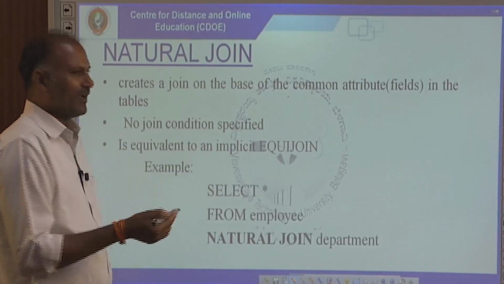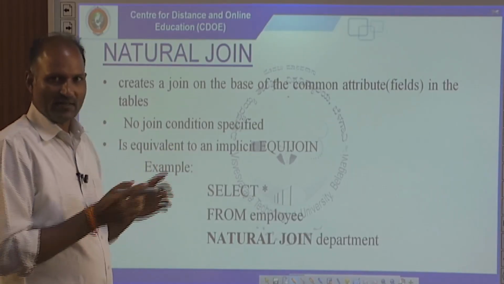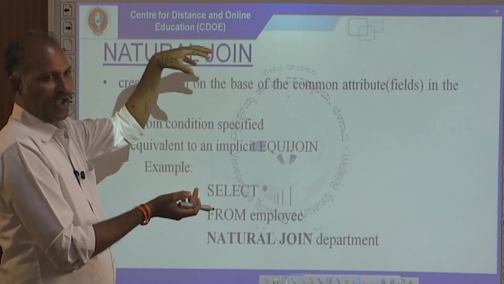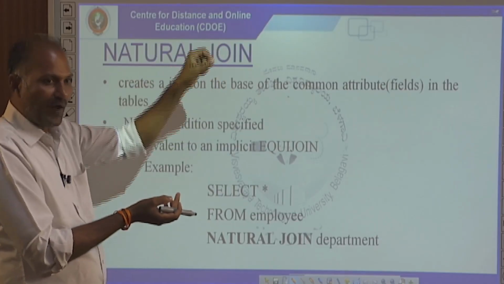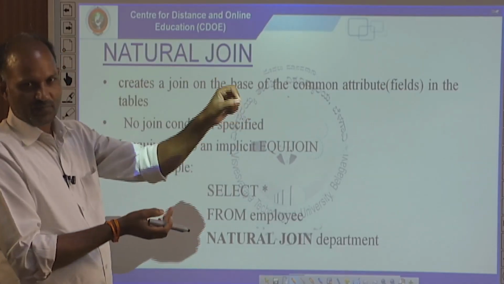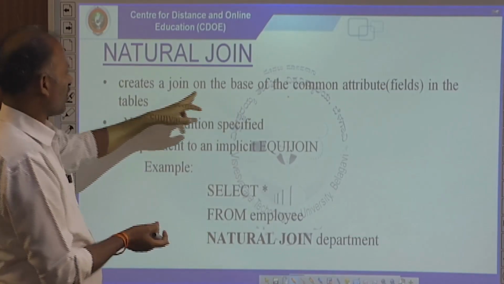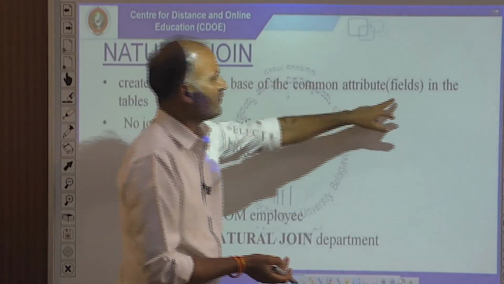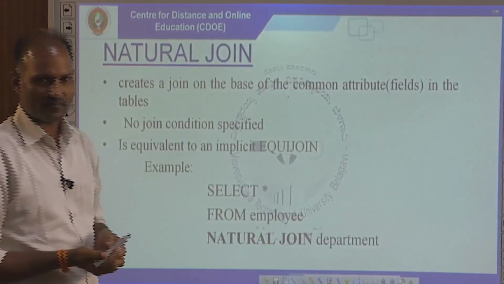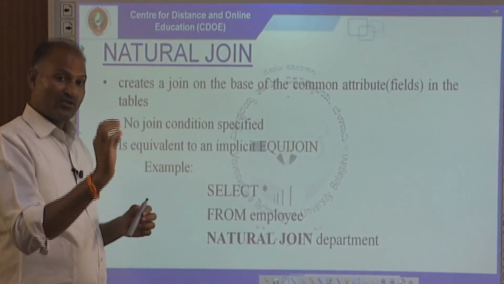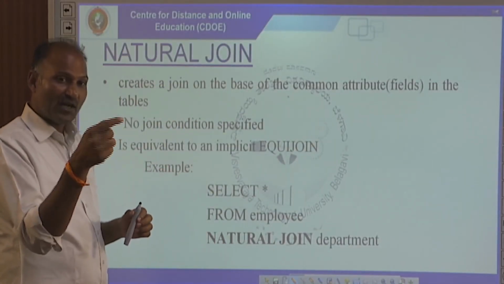But in the natural join, implicitly it assumes that it is going to find and compare the common attribute name in both of the tables. It creates a join on the basis of the common attribute of the tables. In the inner join, the name of the column need not be the same.